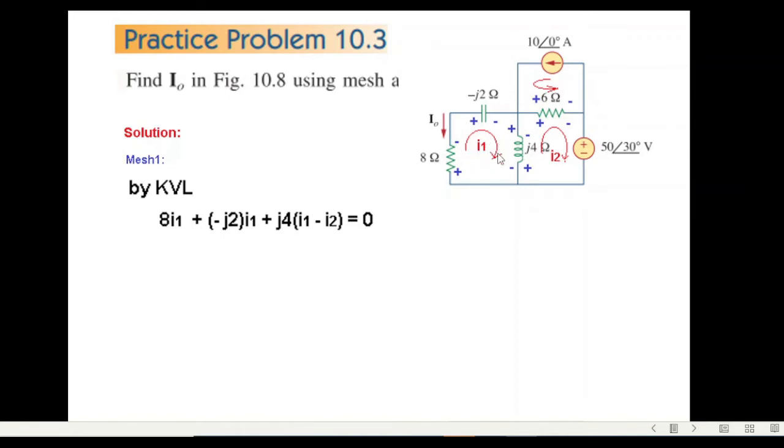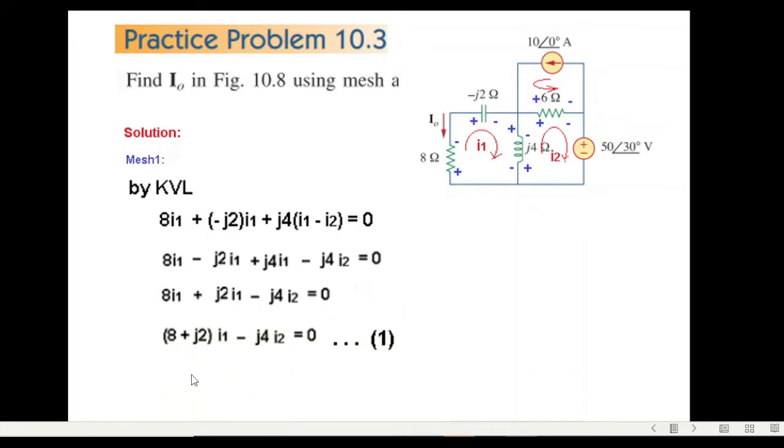We are in mesh 1, therefore we'll write I1 first and then I2. So j4 (I1 minus I2). So this is the first equation. We'll now simplify, collect the like terms, the I1 terms and I2 terms, and we are calling this equation number 1.